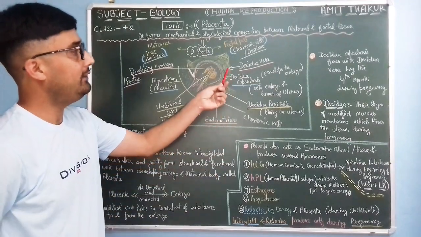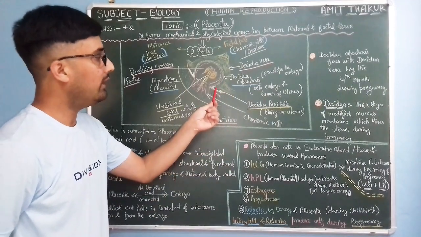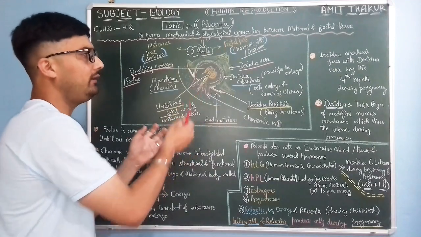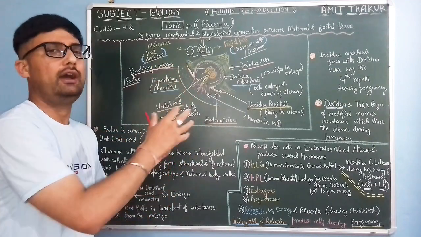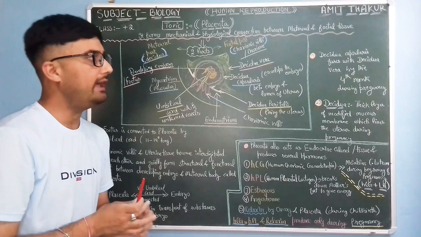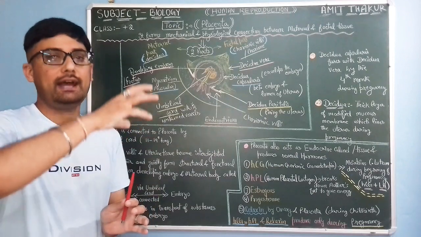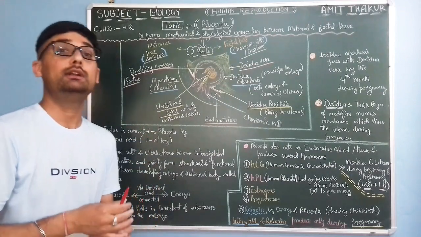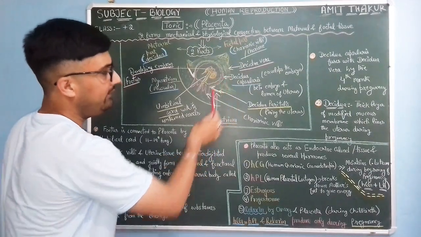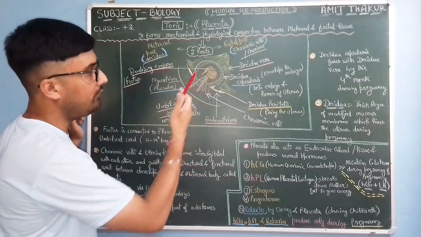Here you can see decidua vera, decidua capsularis, and decidua parietalis. The names are different on the basis of their different locations and modified structures. Decidua is the modified mucous membrane which lines the uterus during embryonic development. This decidua capsularis later, by the 4th month, gets fused with decidua vera.